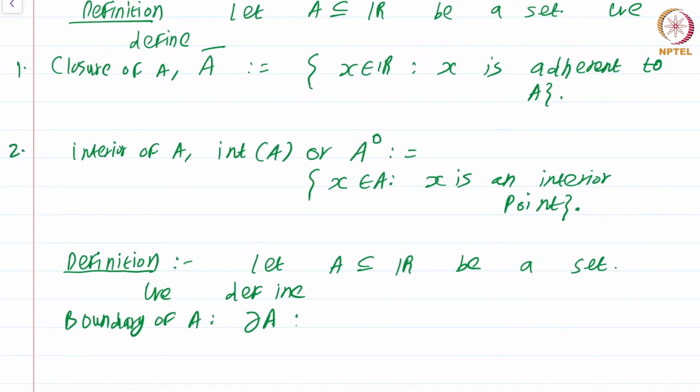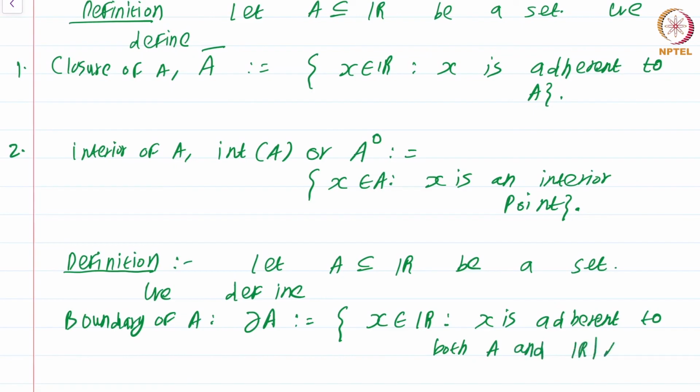Well, this is defined to be the set of all x in R such that x is adherent to both A and R minus A. Something is in the boundary of a set if it sticks to both the set and the outside of that set. So this is a very, very natural definition.